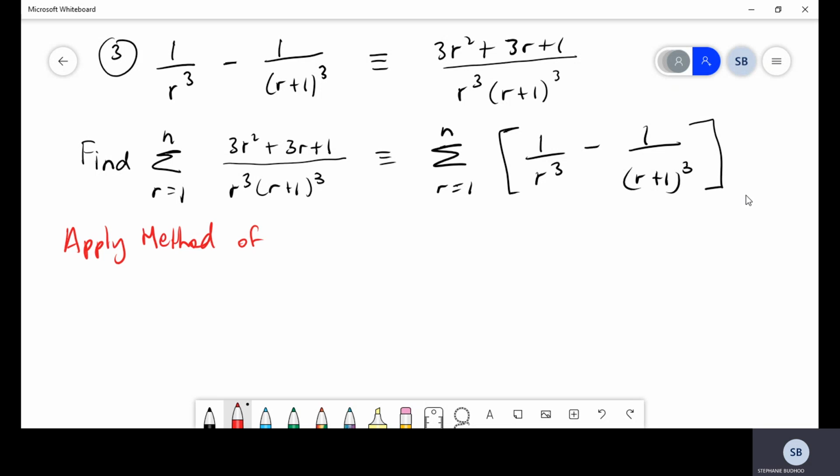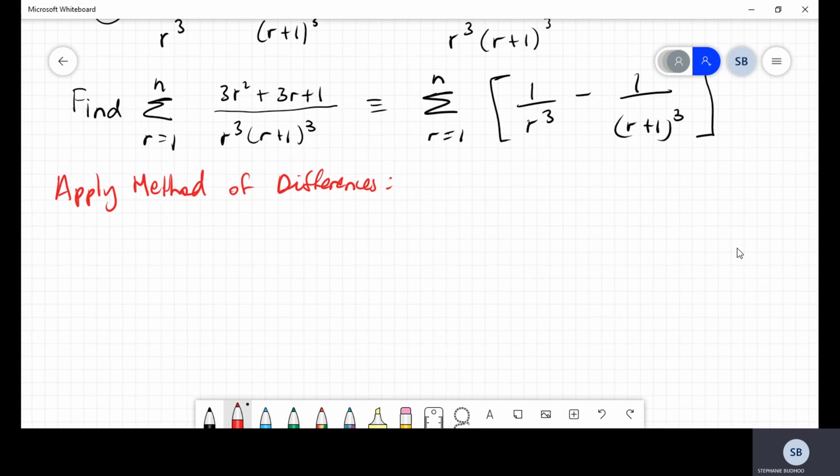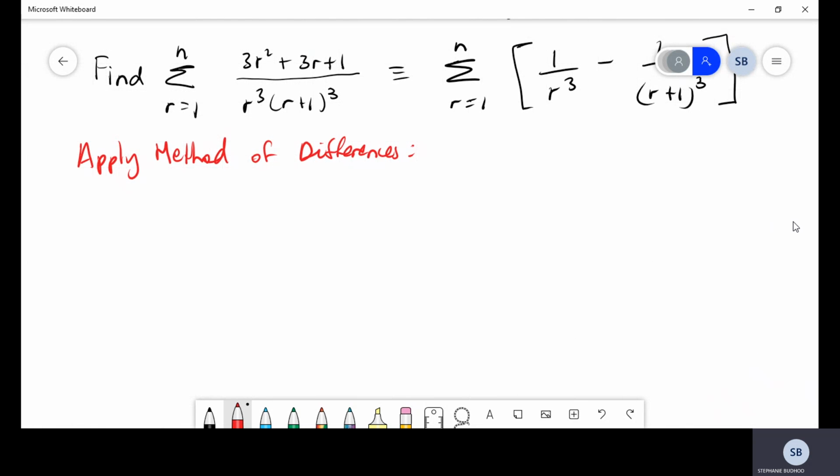So applying method of differences, this should, at this third question, be getting easier and easier. With method of differences, we want to test, if we substitute certain values, which parts of our sum are disappearing, right? So testing at r from 1, r is 2, r is 3.